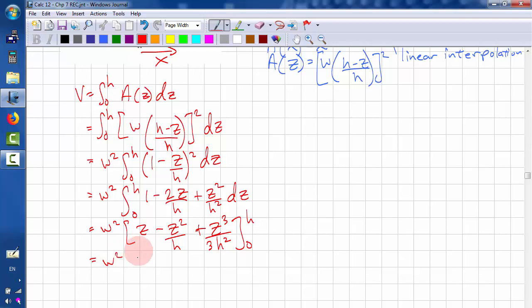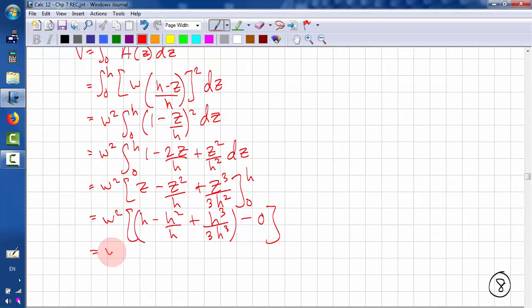So we have w squared, and we're substituting h for z, so h minus h squared over h plus h cubed over 3h squared. We're subtracting 0 because we substitute 0, and here we just get zeros.